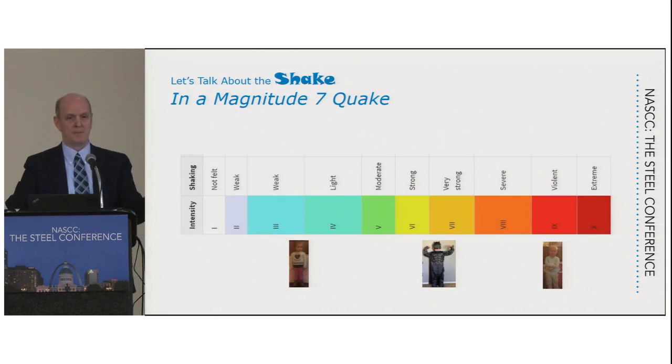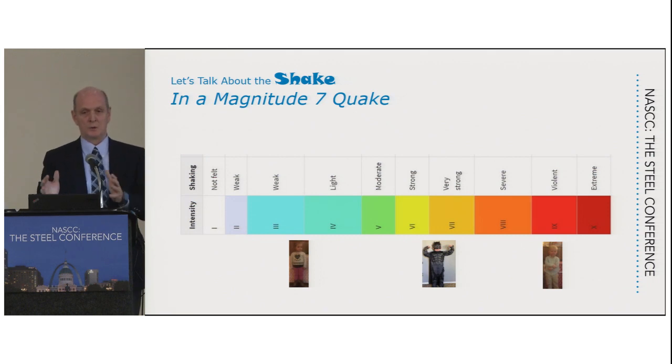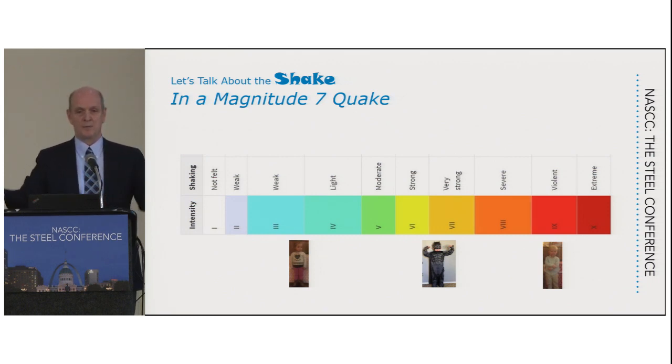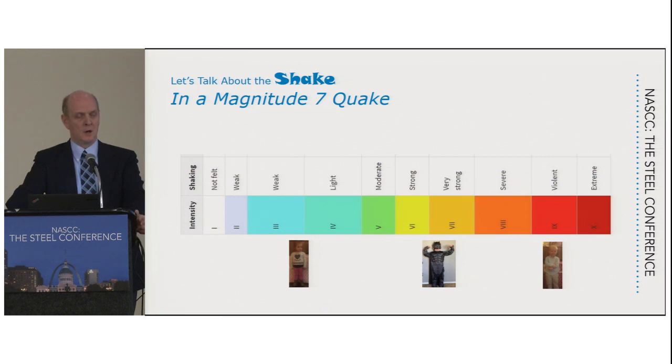So knowing the type of fault, knowing the distance from the fault, knowing the type of soil underneath your site, knowing information about the fault can help us either move those ranges left, move them right, or bring them closer together, or spread them further apart. And that's important as we talk about earthquake risk, to know that we cannot predict, but we can give you ranges.